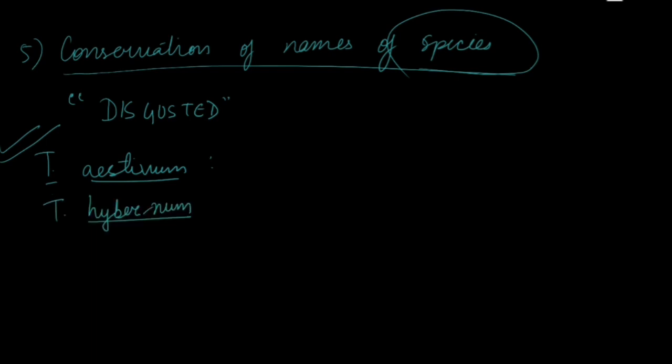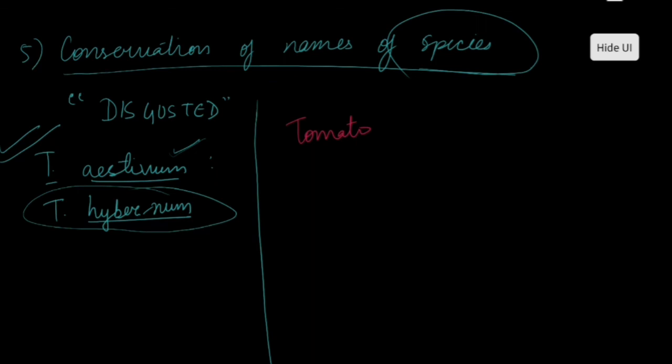In the case of Triticum aestivum and Triticum hibernum, according to all the rules of the code, Triticum hibernum should have been selected, but since the use of Triticum aestivum was so popular and so common, people were in favor of conserving this name, even though it was not keeping up with the rules of the code. So that is one example of conservation of names of species.